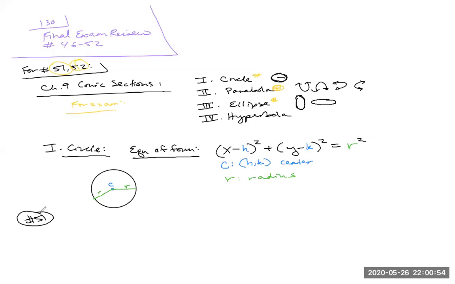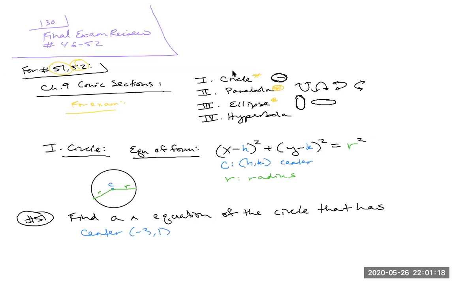Number 51: find an equation of the circle that has center (-3, 1) and passes through the point (6, -5).